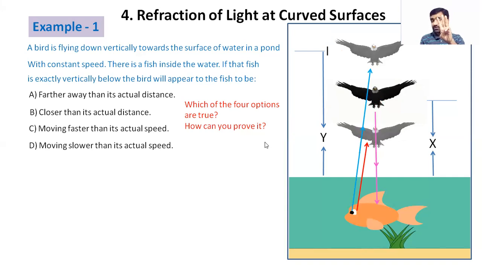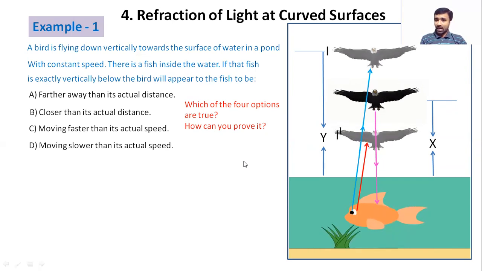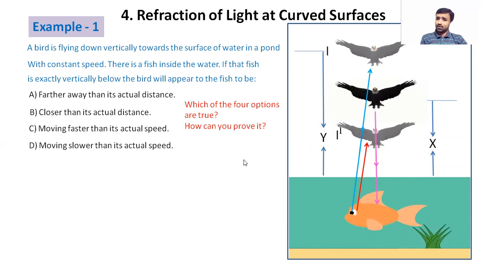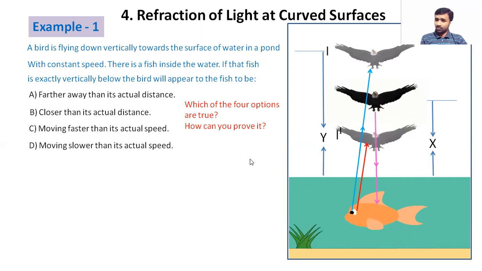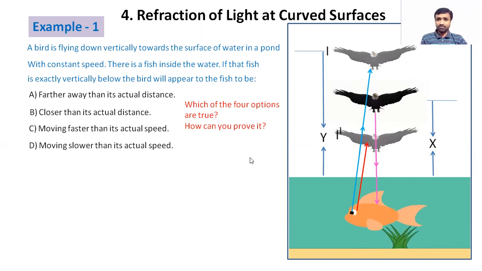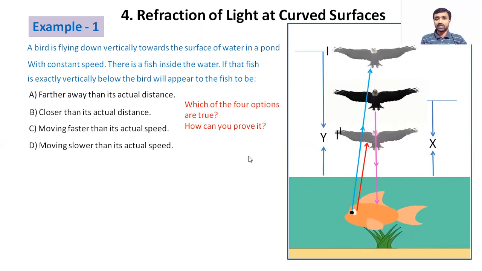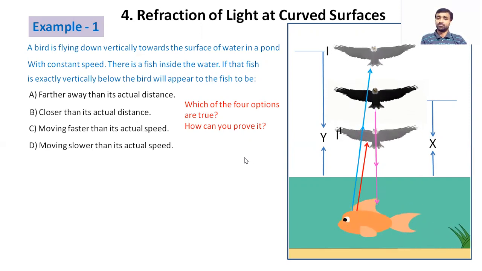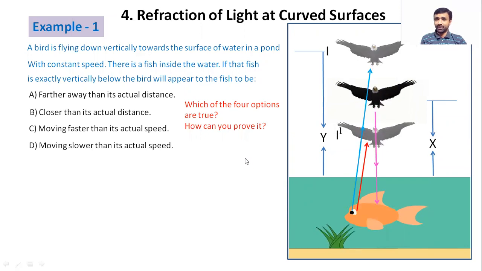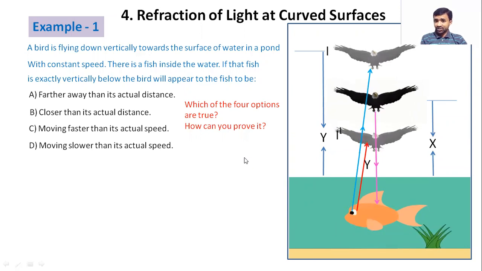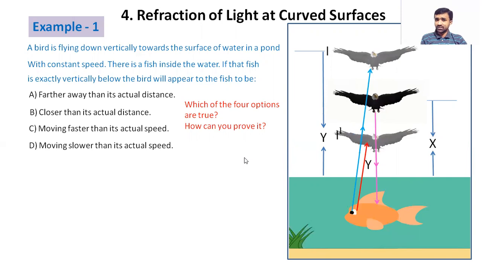We have to find out which that is, so I'm going for that. Before that, I'm showing you the images. Maybe the original acts as the image, or I acts as the image, or I dash acts as the image. Anything is possible, so let us take all three distances as y for the image.